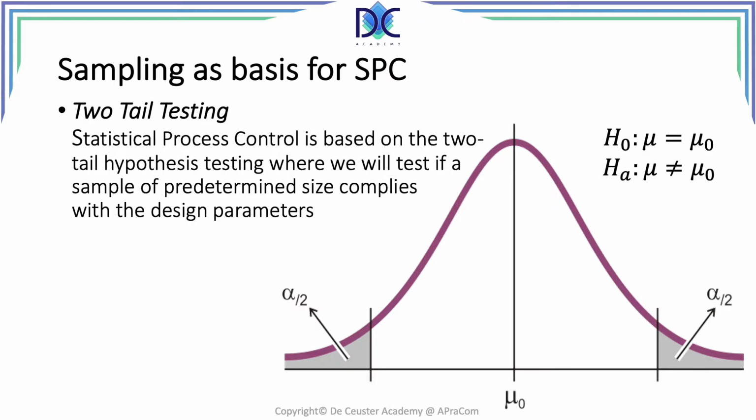And that sample average we have to compare with a control chart or with the two-tail testing, because we have a null hypothesis that the content of the bottles is, for example, equal to 1.5 liters, and the alternative hypothesis says it's not equal to 1.5 liters.